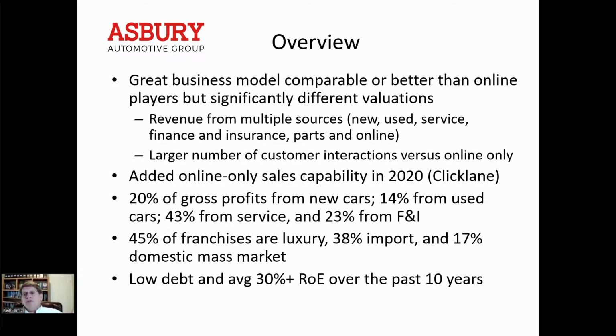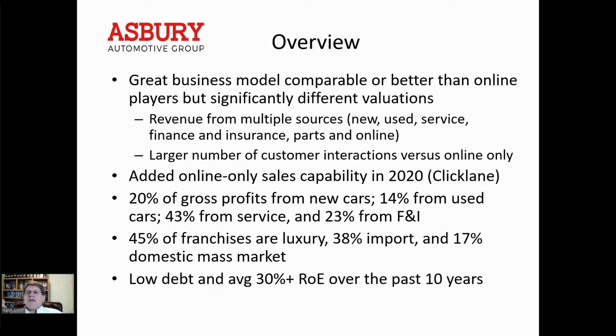They get new, used, service, finance, and parts, and now they have the ability to do it online, which is a relatively new capability that happened in 2020. So they have like 5 different ways to get revenue. The online guys pretty much have used online, maybe finance, maybe 2.5 to 3 ways. So in essence, they have fewer ways to get revenue.